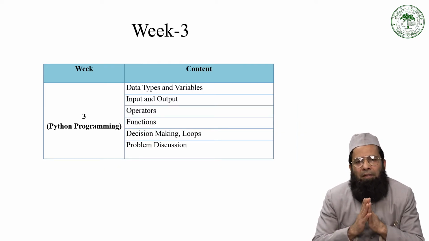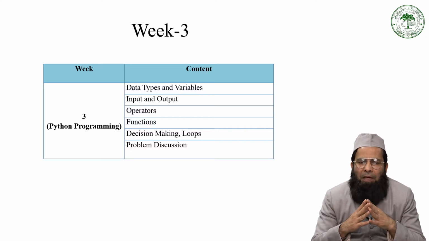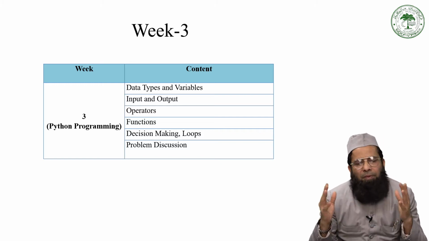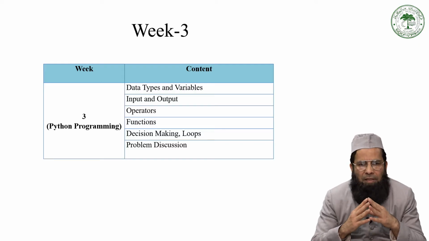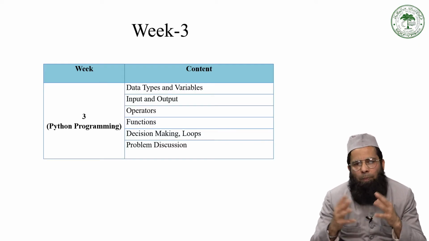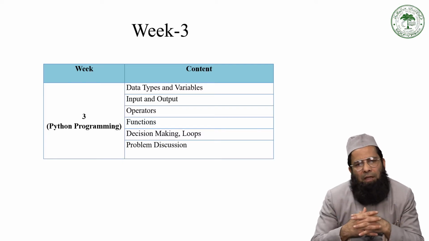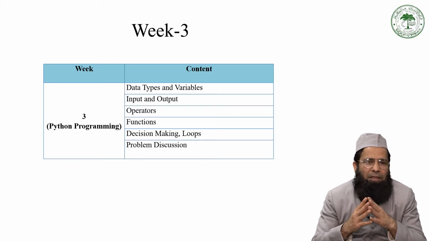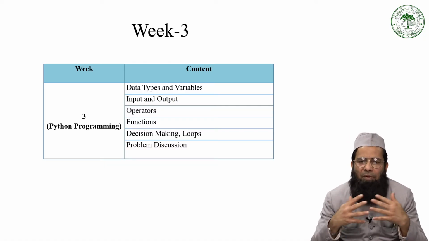In the third week, we will introduce you to Python programming, and here we will discuss several concepts related to it, such as data types and variables, input and output, how we can provide input and how we can get output using Python programming. We will also discuss operators, functions, user-defined functions, as well as system-defined functions.